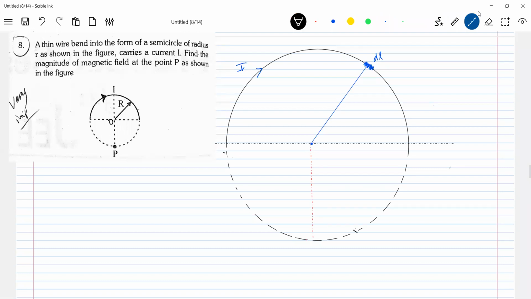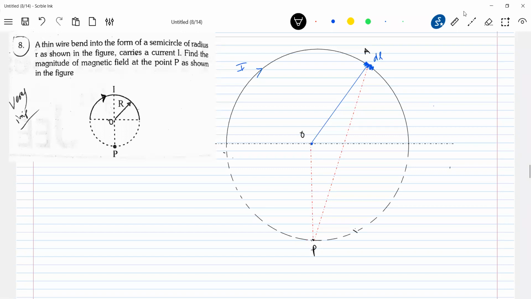Take this one. So let this be the point P. So let this be the point O, A, that one.